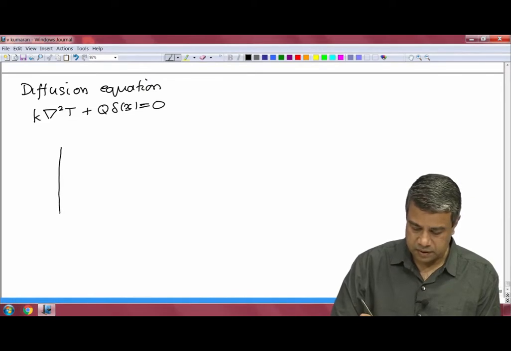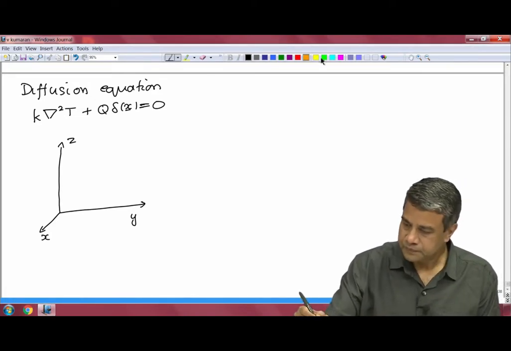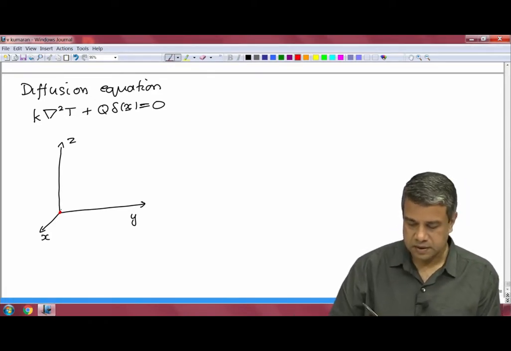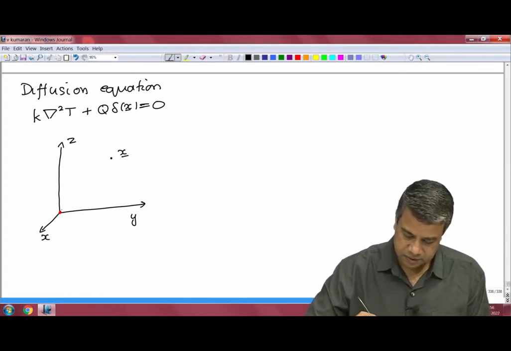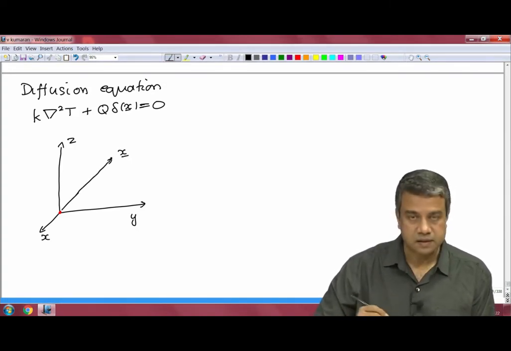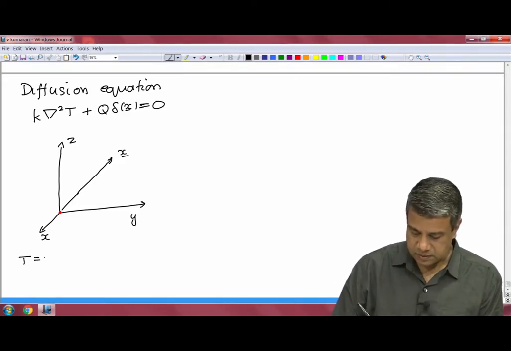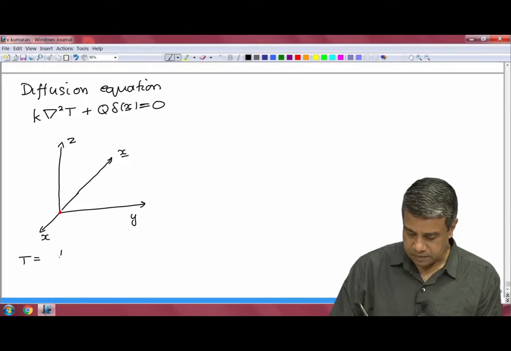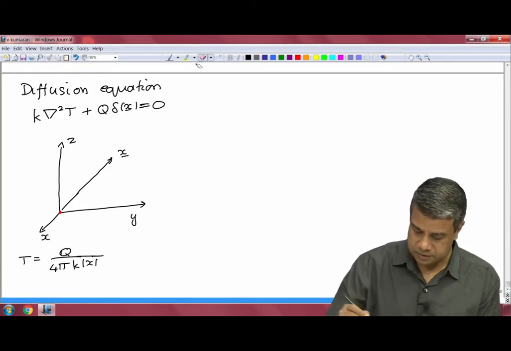So, you have a 3-dimensional coordinate system x, y and z, and if there is a point source at the origin and an observation point x vector, whose displacement vector is this, then we saw that the solution of this equation is T equal to q by 4 pi k times the distance between the source and the observation point.